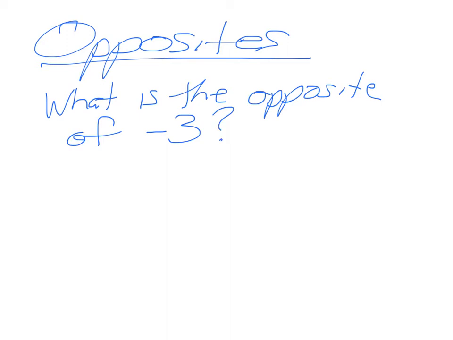So we're thinking we have -3. We know that is 3 units away from 0 on the left side. What number is 3 units away from 0 on the right side? Well, of course, that is 3. And that's why 3 and -3 are known as opposites.